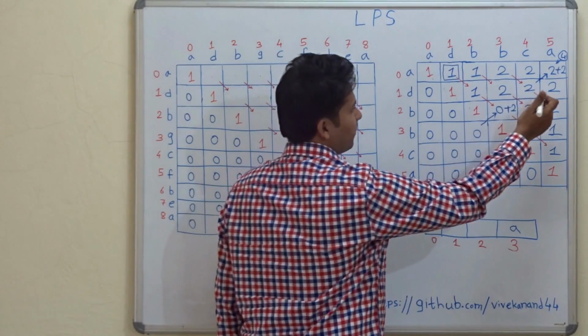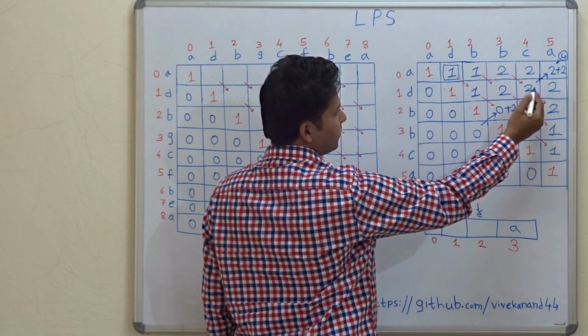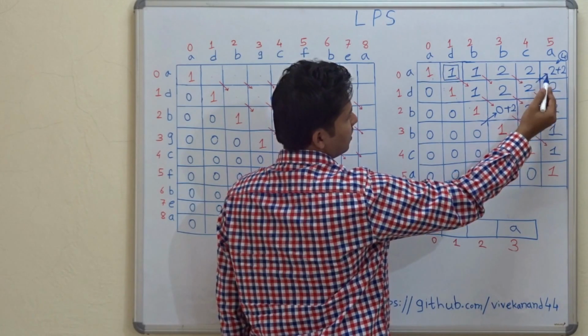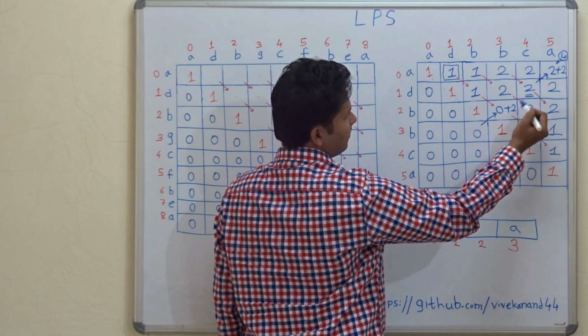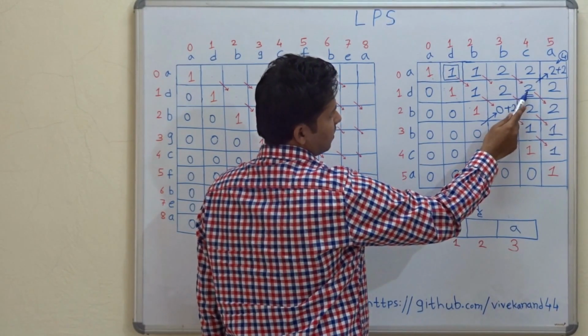So let's see now. By this direction of the arrow, we concluded that this cell value came from this cell. Now from where this value came?